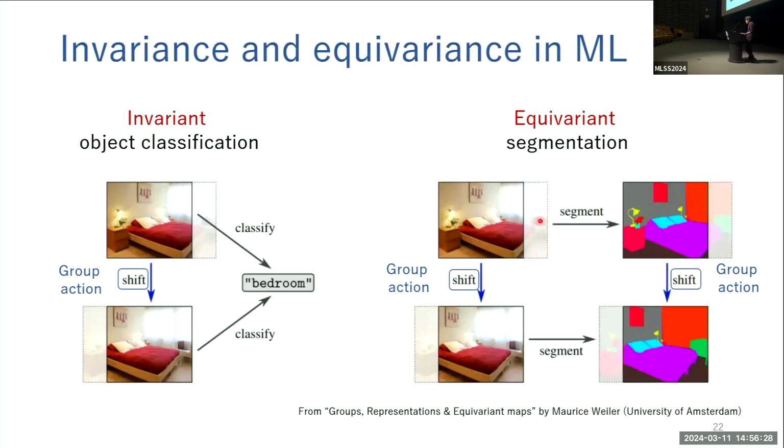If you take a shift of the original image by some amount, then the segmentation result should be shifted by the same amount. This is a desired property of the segmentation of images, right? And in this case, we require the segmentation mapping to be equivariant to the group action of shift.